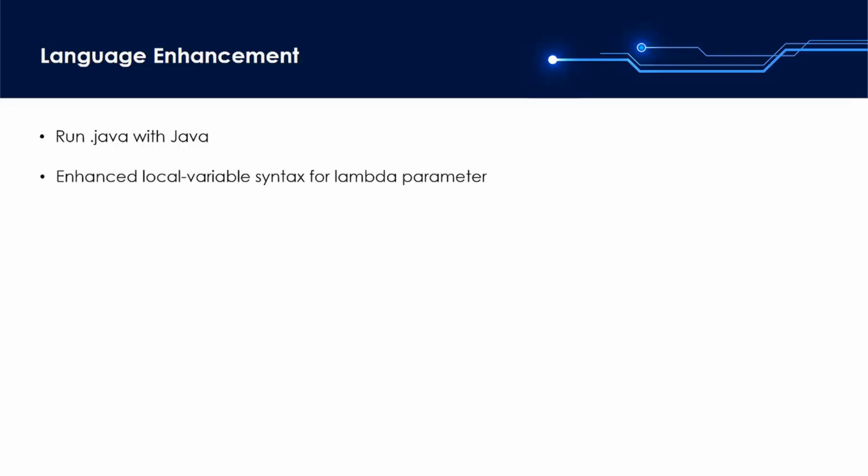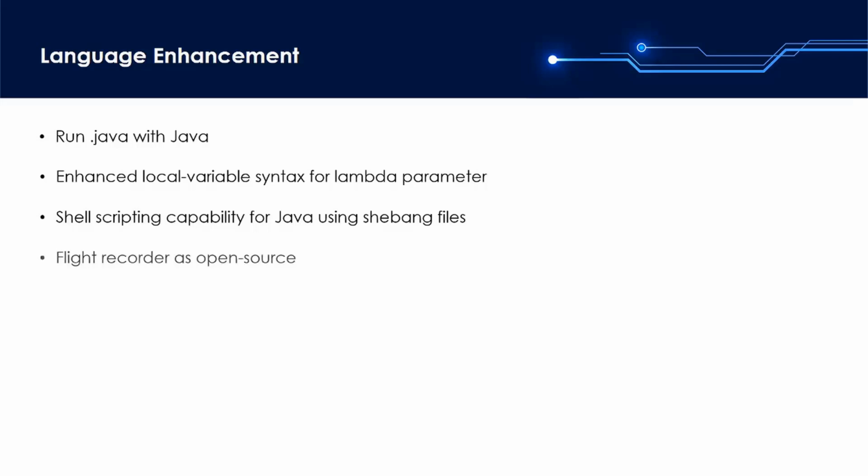We can improve the expressions for lambda parameters by using the enhanced local variable syntax, specifically the var variable. Previously, there were fewer languages that we could use for shell scripting, but with Java 11, we now get shell scripting capability for Unix and Linux platforms with the use of shebang files. And Flight Recorder was also introduced as open source in Java 11.